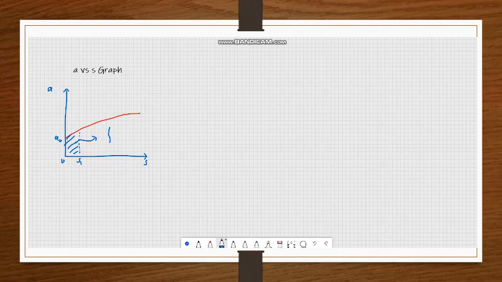So if we take the integral of a ds from 0 to s1, it is going to be one half of the velocity at position 1 minus the initial velocity, both squared.